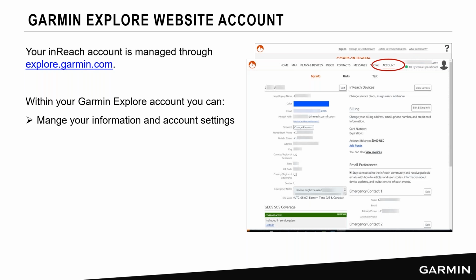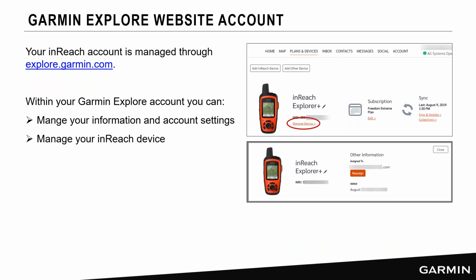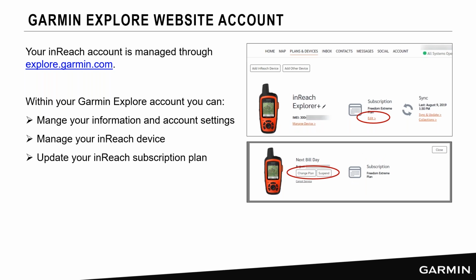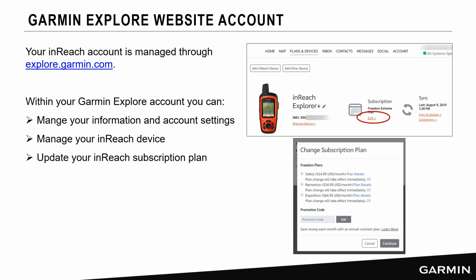So managing the account in the Explore site, managing the device, I mentioned that. You can come here to manage the device. You can also manage your subscription. You can change your plans, do all of this in the Explore site. One of the things that we're pleased with is the different levels of plans, whether you wanted to get in at a safety plan level or move throughout the seasons.